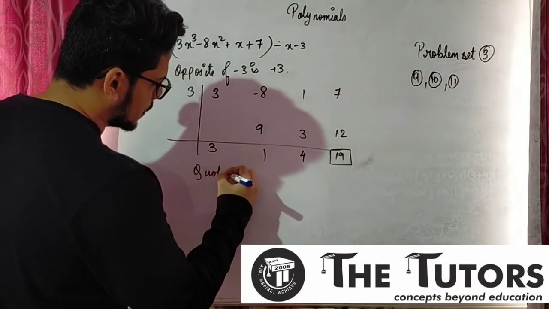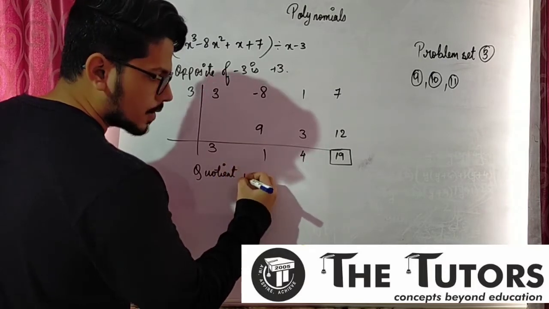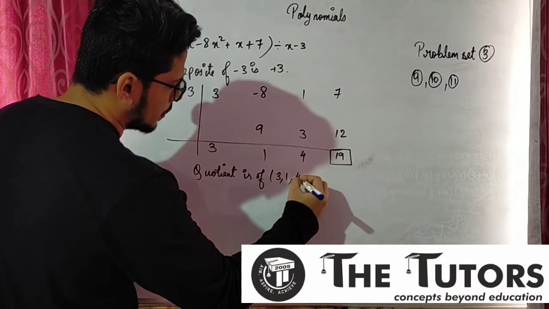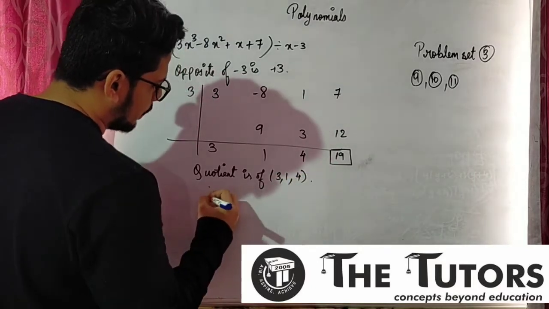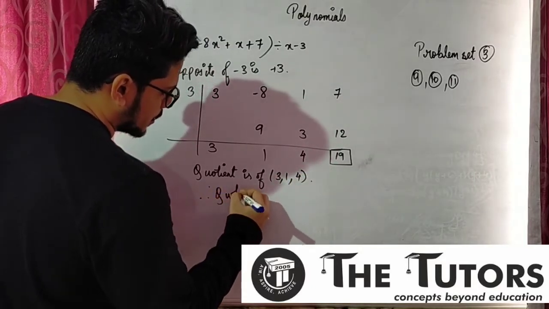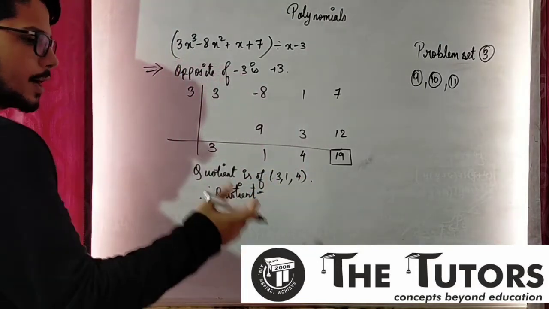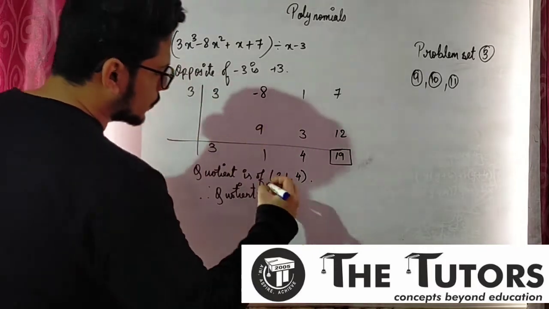Quotient is 3, 1, 4. Therefore, quotient is equal to, again you have 3 terms, so highest power क्या होगा 2.